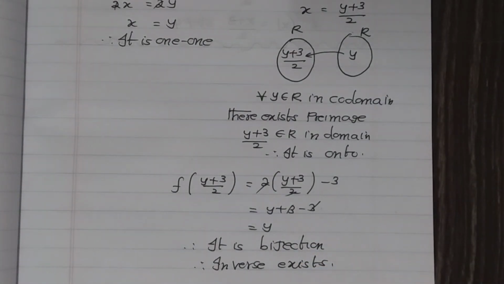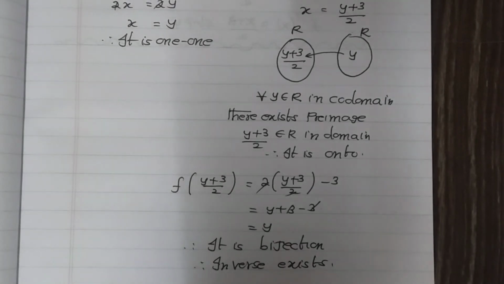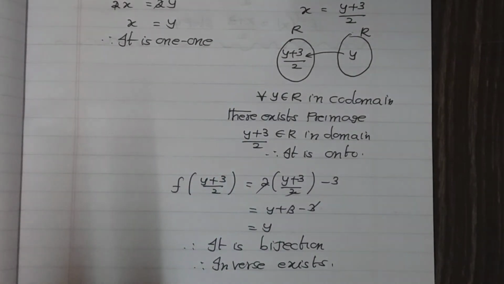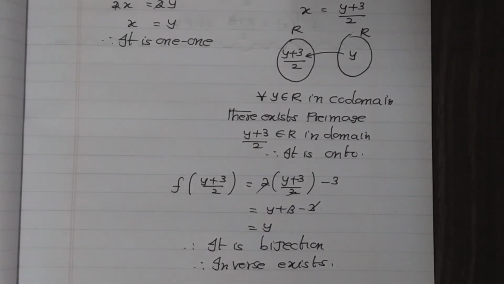The given function is not only a 1 to 1 function, it is also an onto function. For each and every y belongs to R in codomain, all the elements in the codomain have some pre-image in domain given by y plus 3 by 2. So it is an onto function. 1 to 1 we proved, onto we proved, that's why it is invertible, or inverse exists.